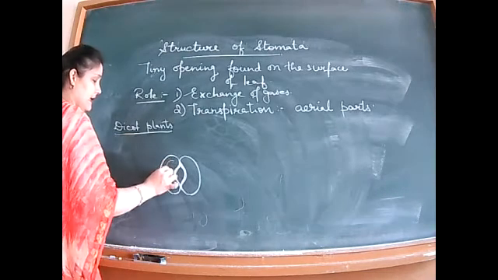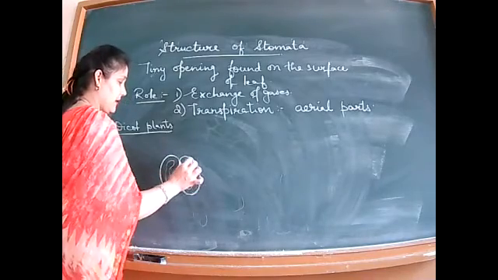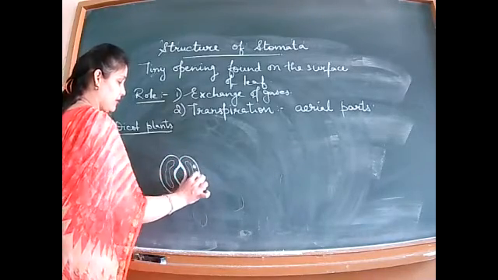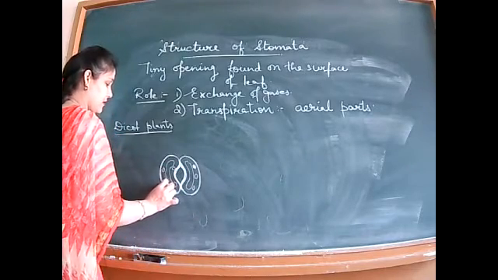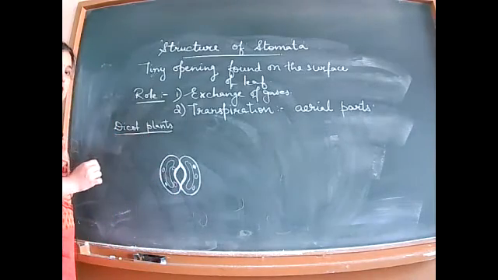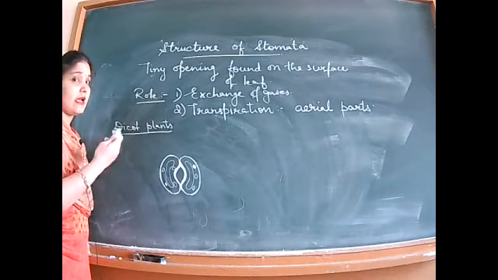The guard cells have vacuoles, both of them. They have the nucleus and they have the chloroplast. Around the guard cells, as we have just drawn in our diagram, there were the epidermal cells.